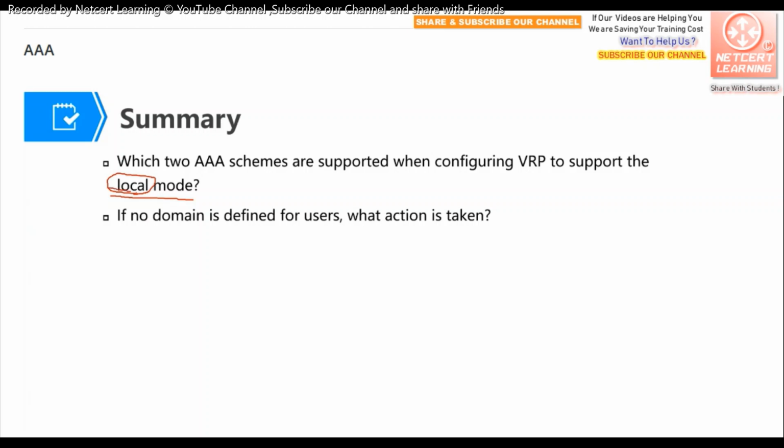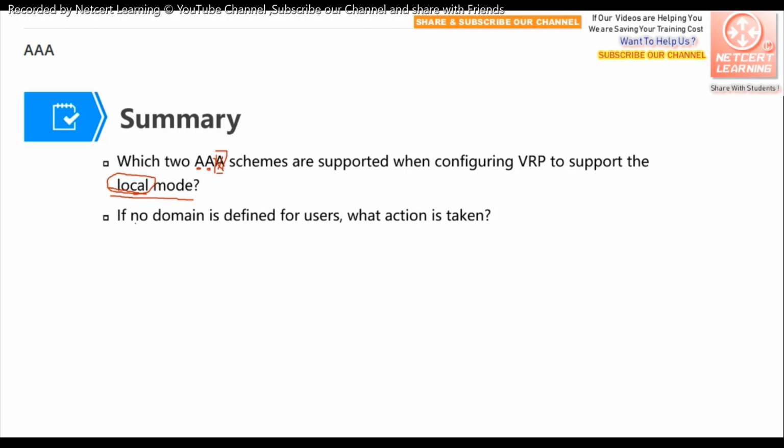For the local mode, we only support authentication and authorization. It doesn't support accounting. If we want to use the accounting function, we must deploy a remote server, for example, a RADIUS server or a Huawei TACACS server.